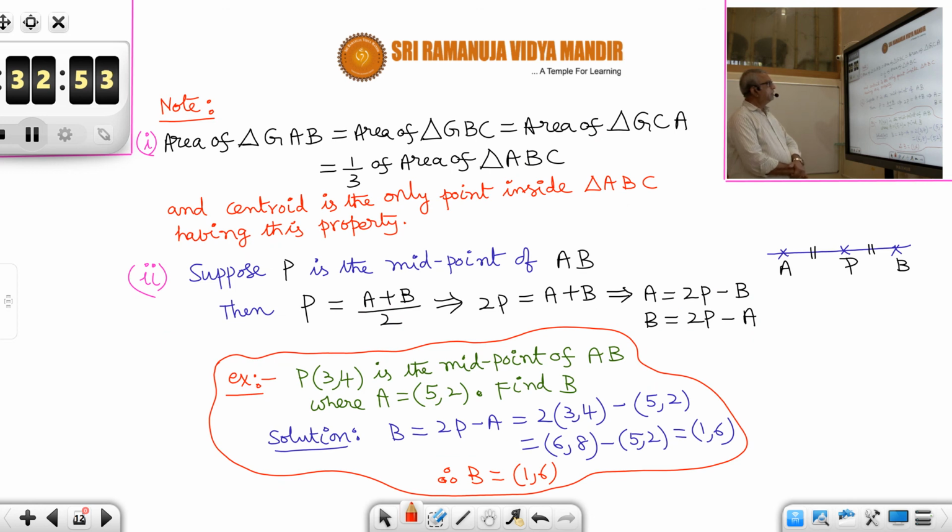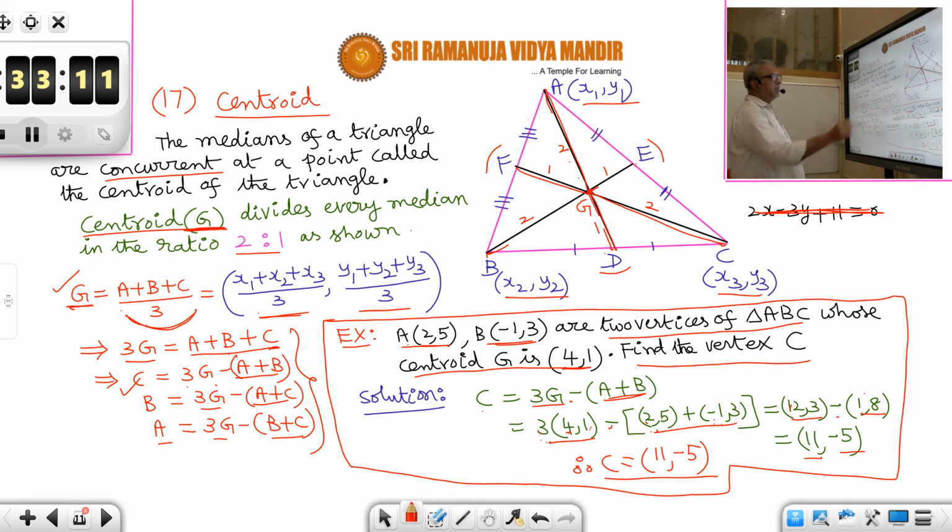Let us see the next one. Area of triangle GAB. In the previous diagram, G is the centroid, is it not?